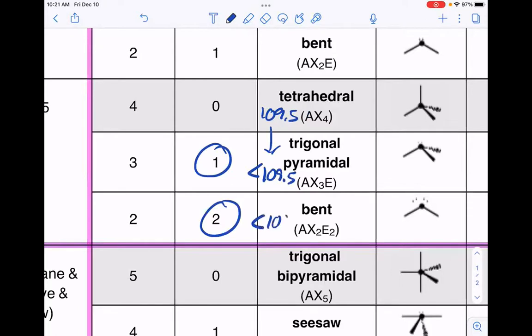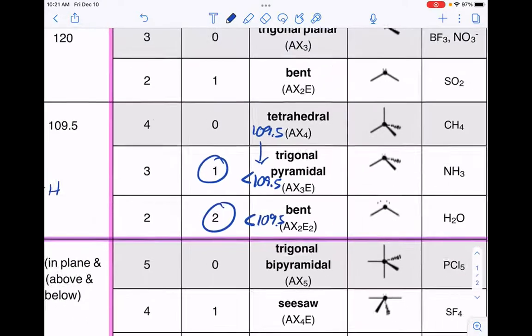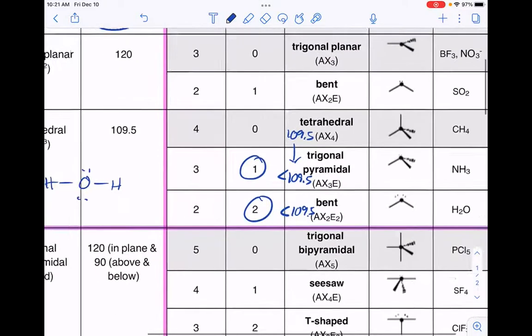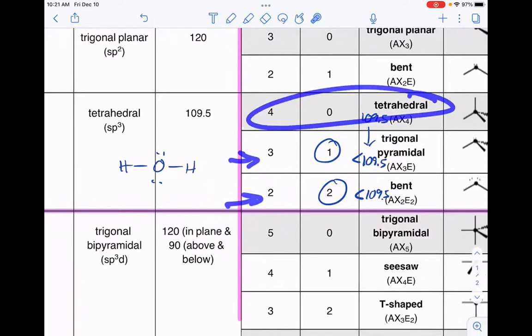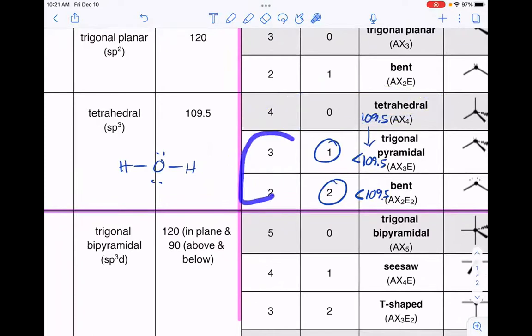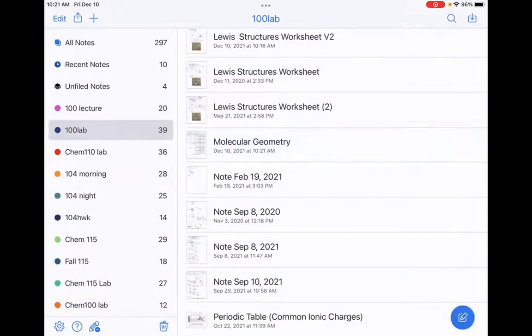Okay, so that's going to be the bond angle for the 2 molecular geometry structures that's not tetrahedral, but still falls under the tetrahedral family for electron geometry. Okay. All right.